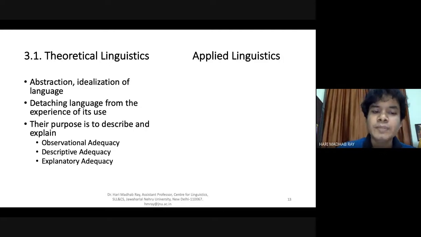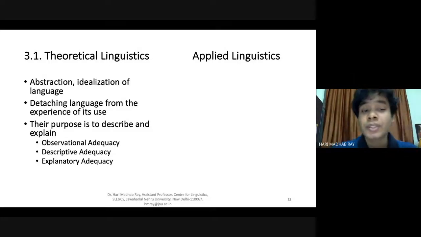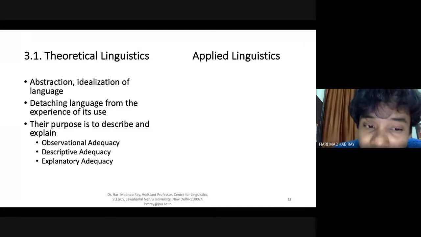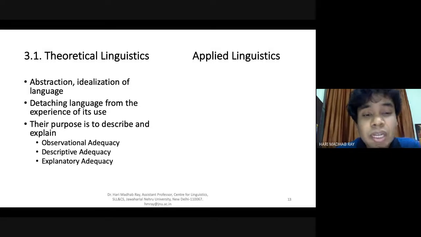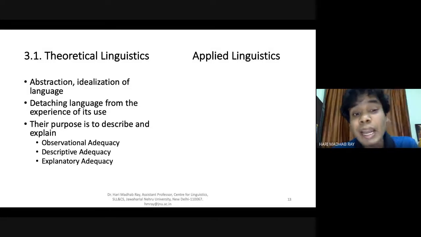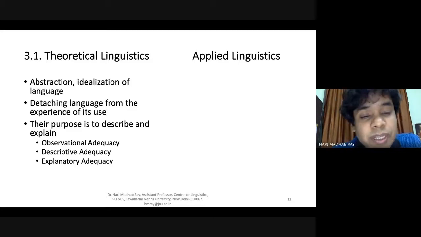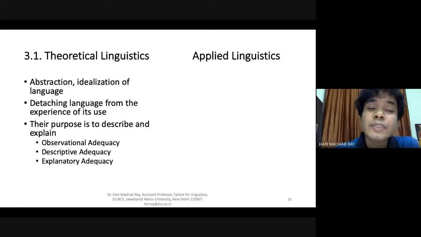You need to make explanation, and here you need to come in with the LAD, language acquisition. So language acquisition has to be accounted for. How children acquire language, that part has to be accounted for. So if you're talking about explanatory adequacy, you are also talking about language acquisition.